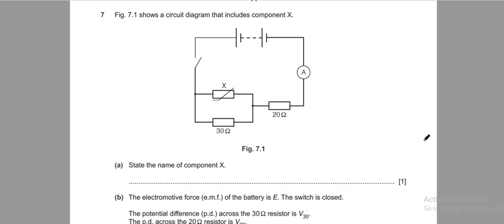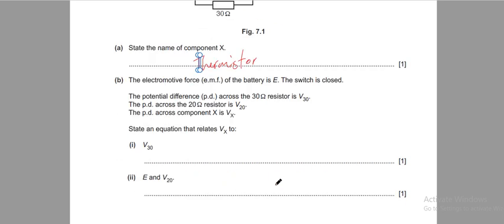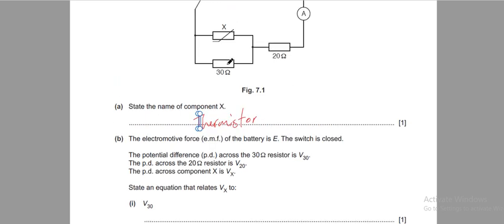The figure shows a circuit diagram that includes component X. State the name of X; the symbol is the symbol of a thermistor. The electromotive force of the battery is E, the switch is closed, the potential difference across the 30 ohm is V30, across the 20 ohm is V20, across X is Vx. State an equation that relates Vx to V30.